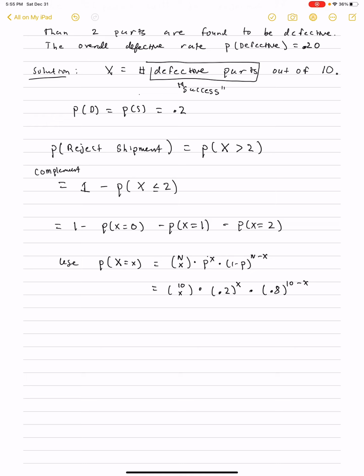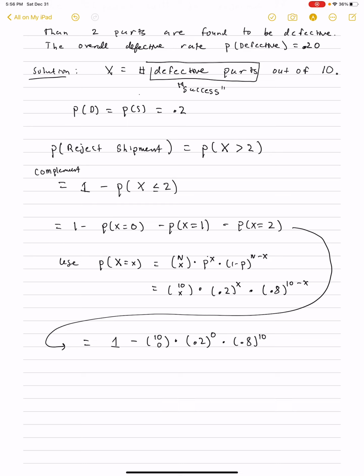So if we're to finish this calculation and calculate this probability, it's going to be 1 minus 10 choose 0, that's 1, times 0.2 to the 0th, times 0.8 to the 10th, as the first one. Then 10 choose 1, that's 10, times 0.2 to the first, times 0.8 to the 9th power.